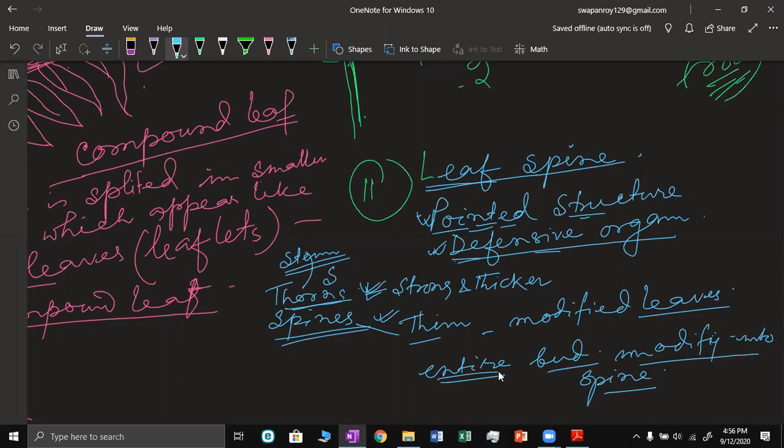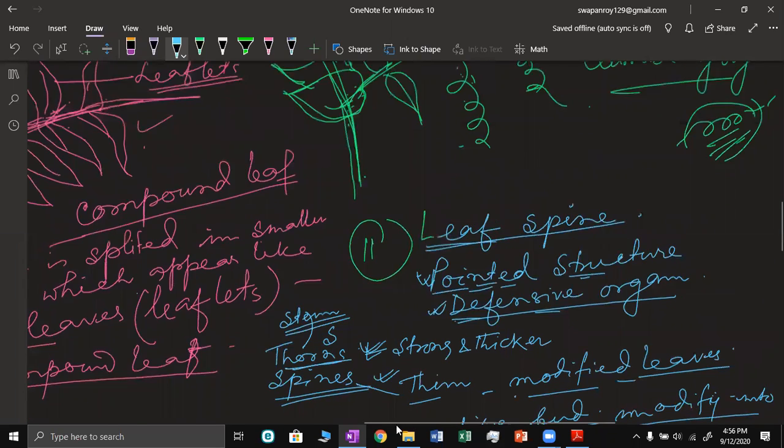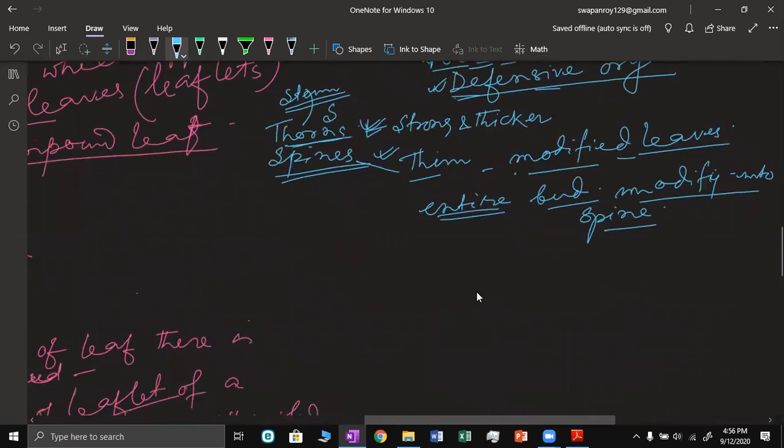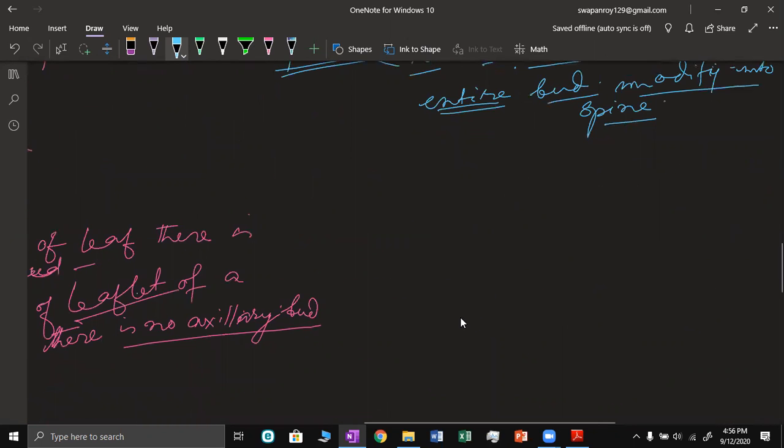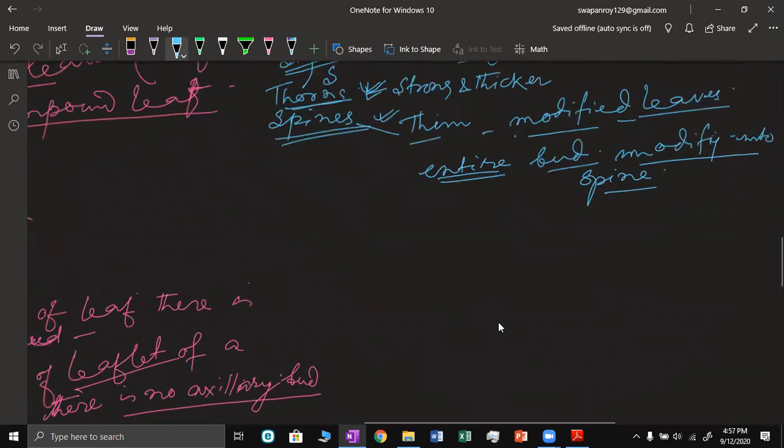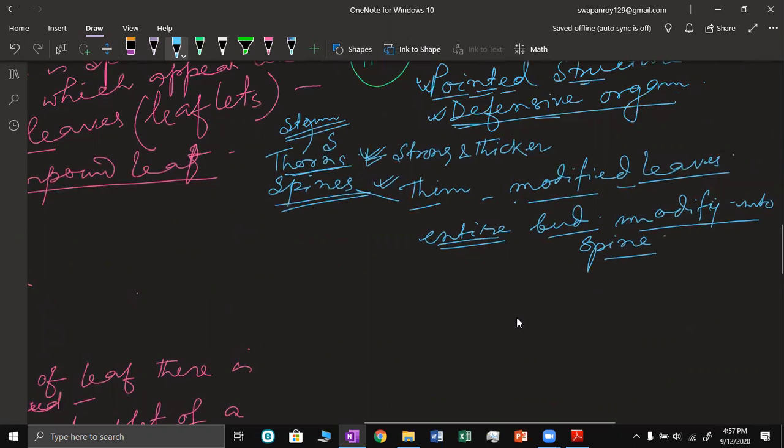Okay, this is also a thin pointed structure, where either the entire leaf is modified, or a bunch of leaves is modified, or a part of the leaf is modified.